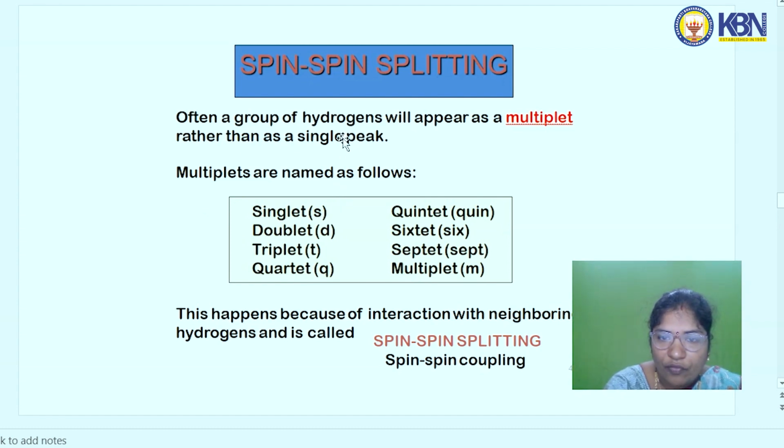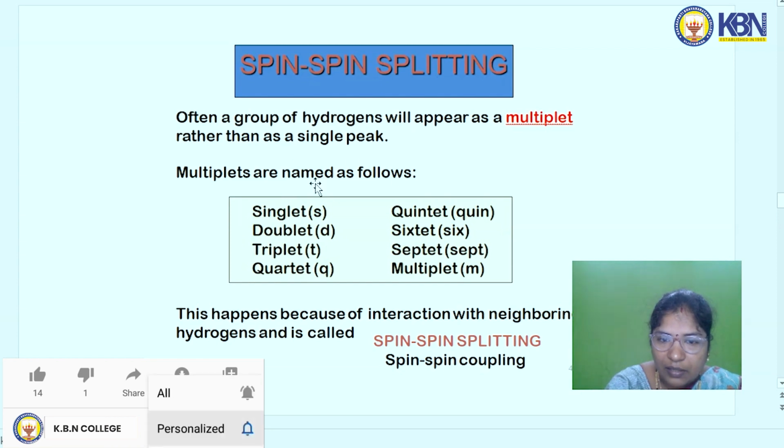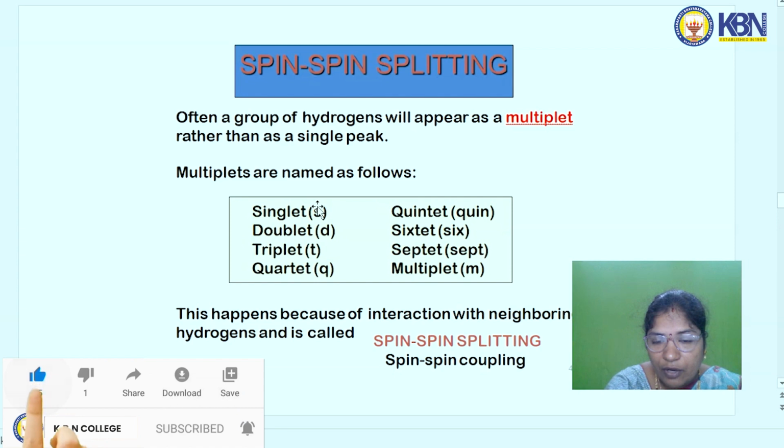Spin-spin splitting. Often a group of hydrogens will appear as a multiplet rather than a singlet. Here n is the number of neighboring protons.